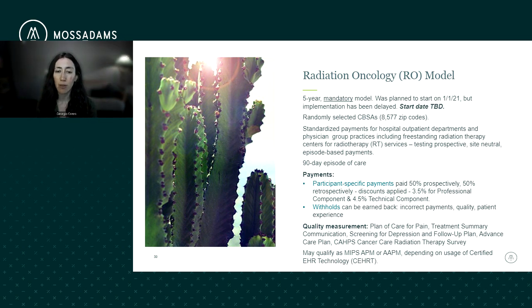So you get a 50% prospective payment, the other 50% is retrospective, and there's a professional and technical component and certain withholds that you can earn back based on quality and patient experience measures.